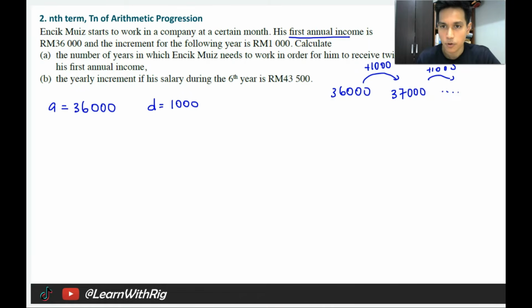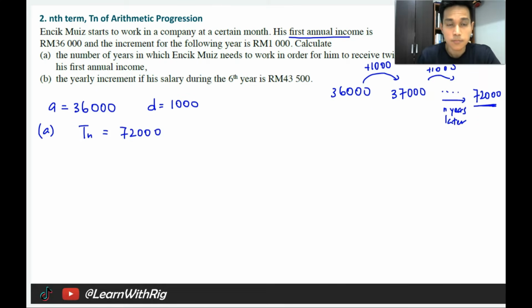So number of years later, n years later, he wants to reach 72,000. So how do you solve this? To solve this is what we use Tn for. Tn is the term value, right? So we want to know at what n value, the number of years, it requires for him to achieve the term value of 72,000.